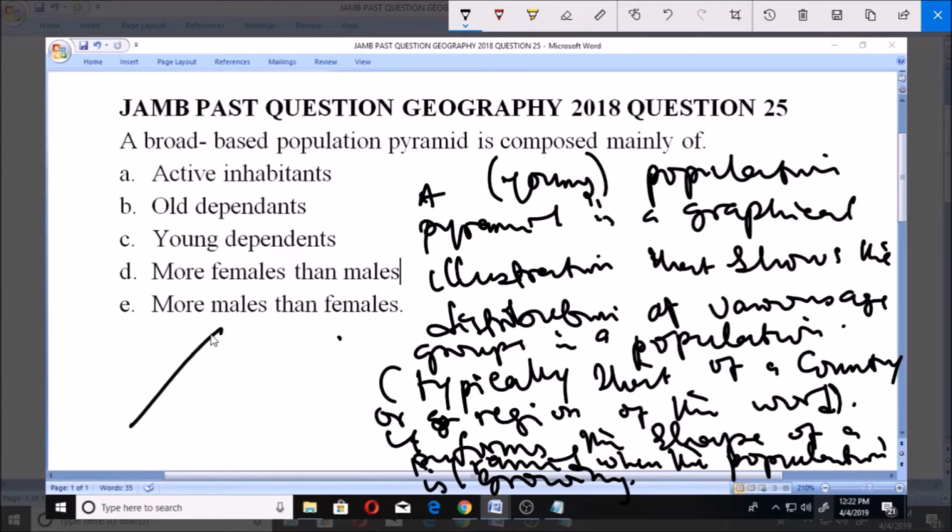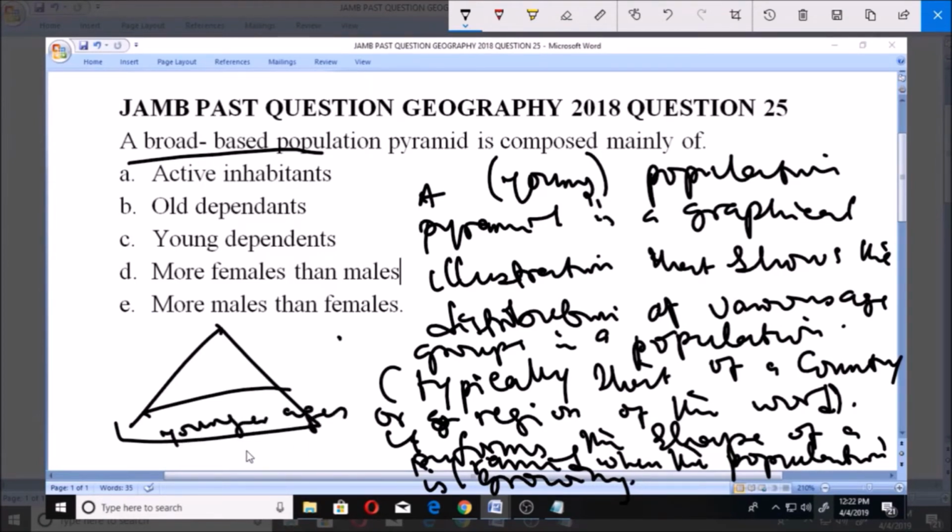So if you're talking about a broad base, as given in the question, it has the young people in this very wide area of the pyramid, which is a characteristic of countries with high birth rates. Countries with high birth rates normally exhibit this, and low life expectancy.